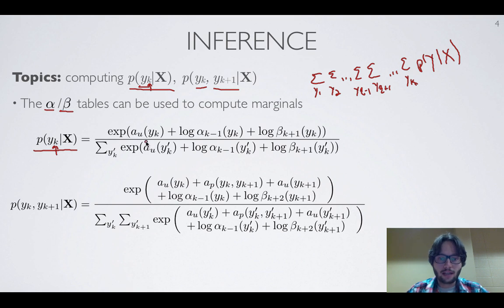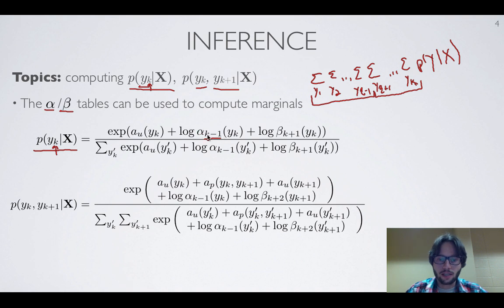And we've seen that the log alpha value and the log beta value actually give us these summations. So log alpha value performs the summation over the labels from position 1 to k minus 1, and the log beta value gives us the log summation over the labels from position k plus 1 up to capital K. So specifically, this sum here is going to correspond to the alpha k minus 1 value.